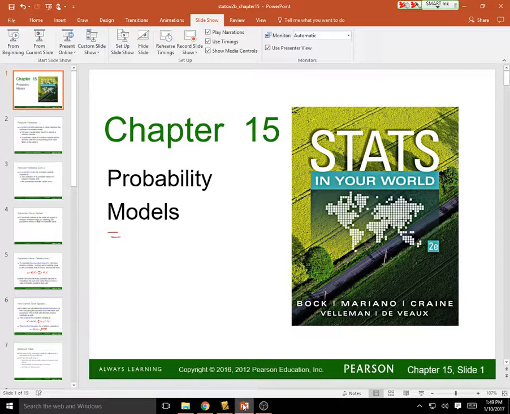There are about 50 bulbs in there, and the probability that they're not broken is 0.53. So I'm calling success not broken.